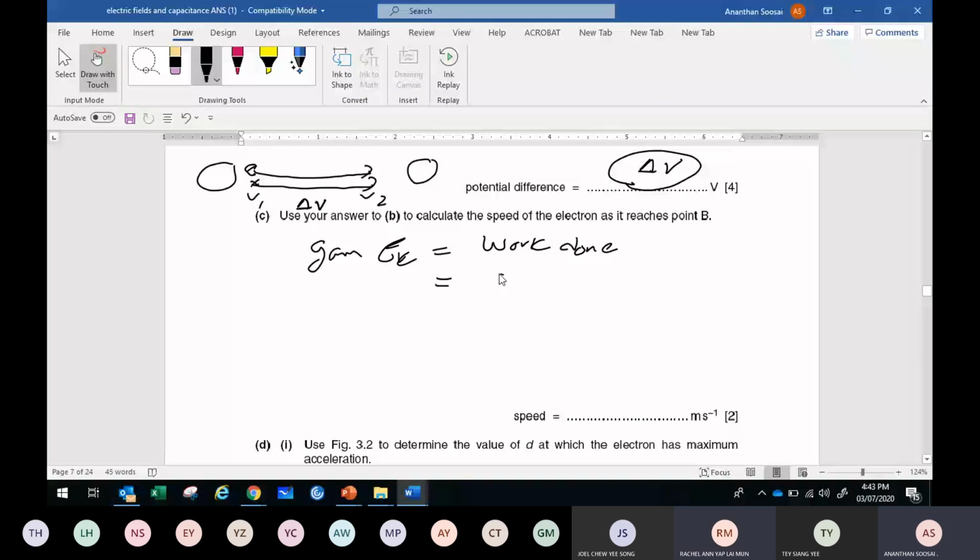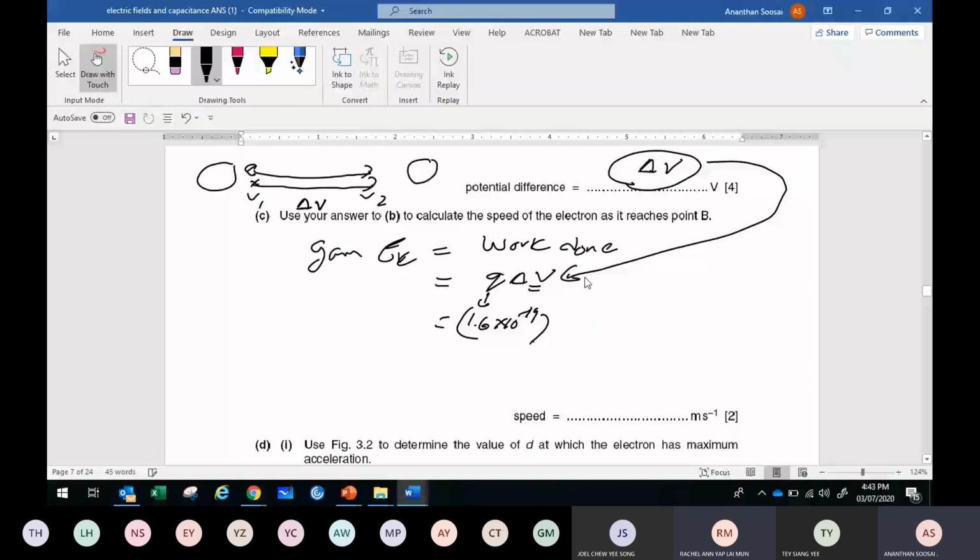Anyone? Q change in V. Okay, gain in kinetic energy is Q change in V. So this formula must come to your mind. The change in V is from here, and Q, which charge do you use? The charge of the electron, 1.6 times 10 to the power negative 19 coulomb, you use.